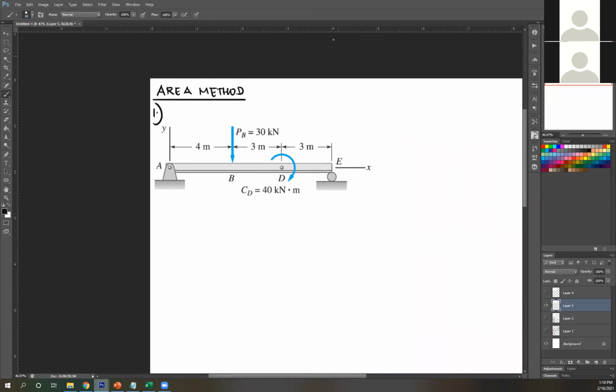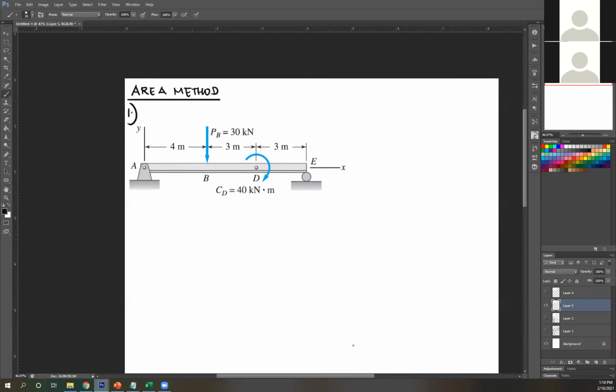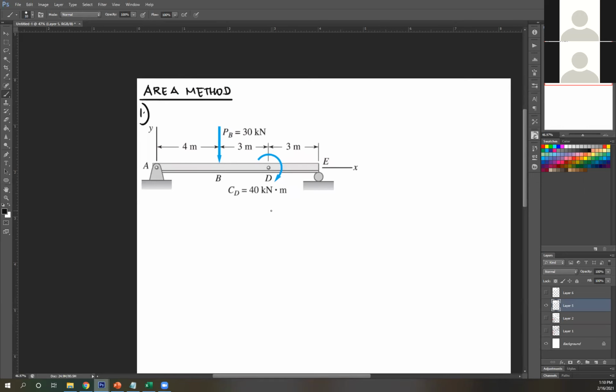So first things first, reaction is not given, so I need to solve for reaction first. Okay, let's solve. So let's start with, I'm gonna take moment at point A. Summation of moment at A equals 0.